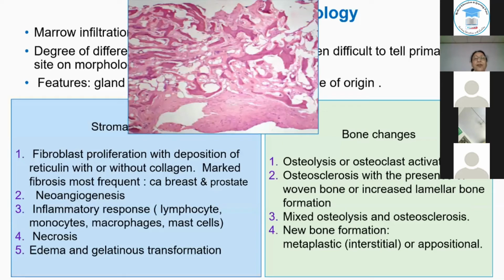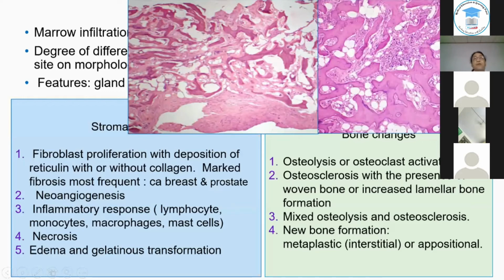So here what you can see is the thinning of the bony trabeculae. Either you get fibrosis with very thinned out bony trabeculae, or you may have this pagetoid appearance, very thickened bony spicules.